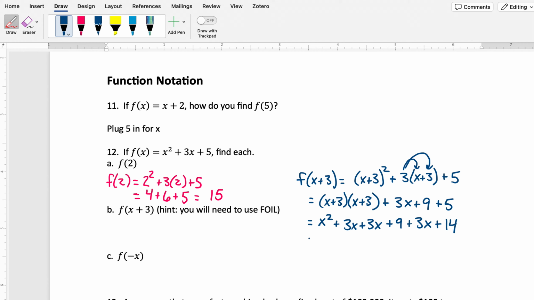And lastly, combining everything together that goes together here, I have an x squared. I have 3x, 3x, and 3x. That's a total of 9 x's. And I have 9 plus 14, which is 23. So this is my answer here for f of x plus 3.